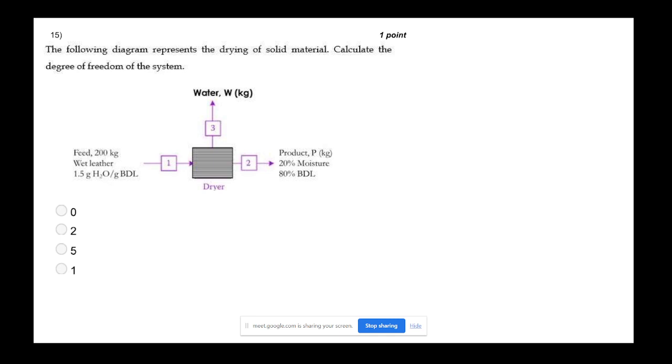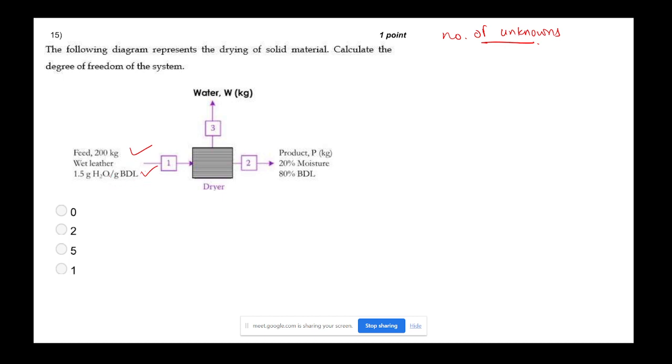Next question is, you need to find out the degrees of freedom for the process in which the drying of solid is occurring. So let's write first the number of unknowns. We are given the feed, and you are given the weight of water in it.